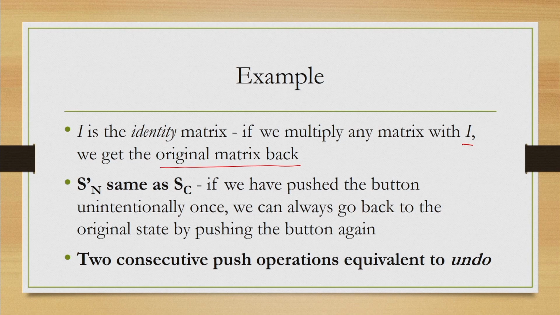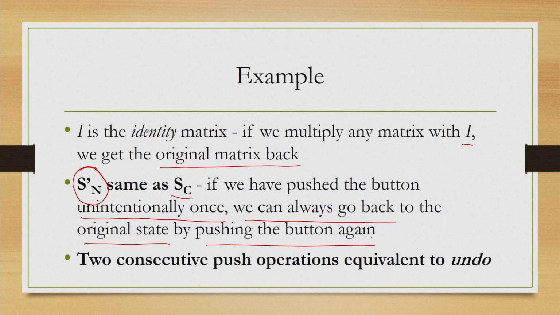So, in other words, the new state Sn dash should be the same as Sc, the current state when we started, because eventually it is getting multiplied with I, the identity matrix. So, then what we can say is that if we have pushed the button unintentionally once, then we can always go back to the original state by pushing the button again.